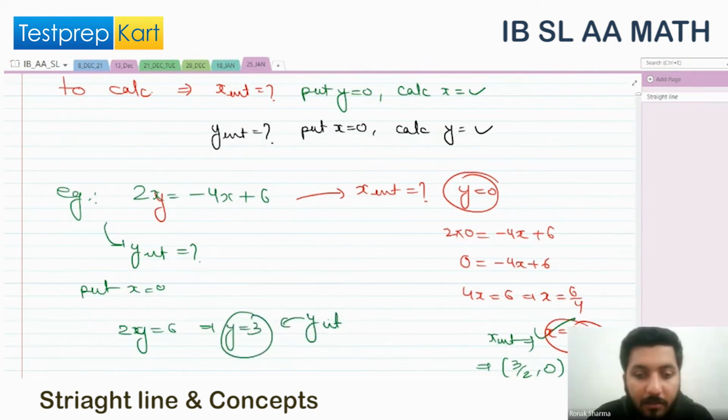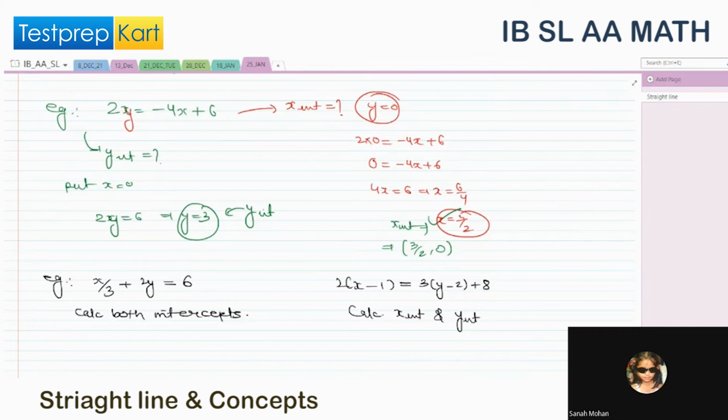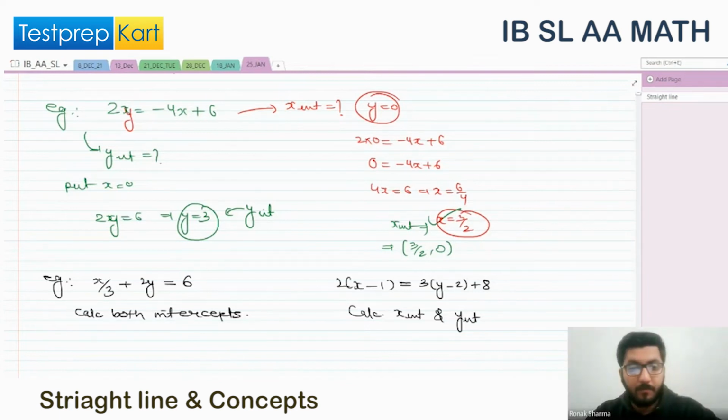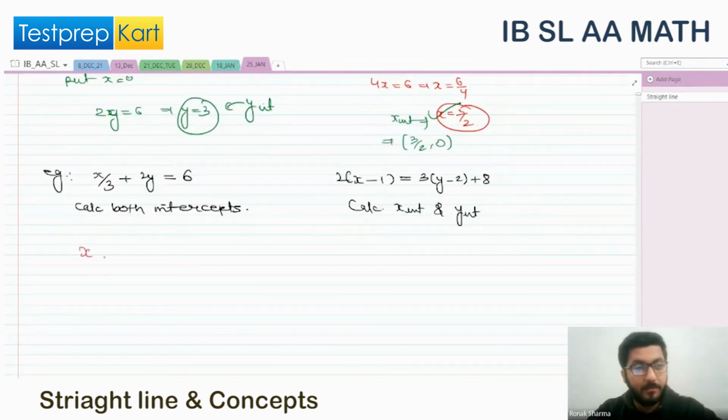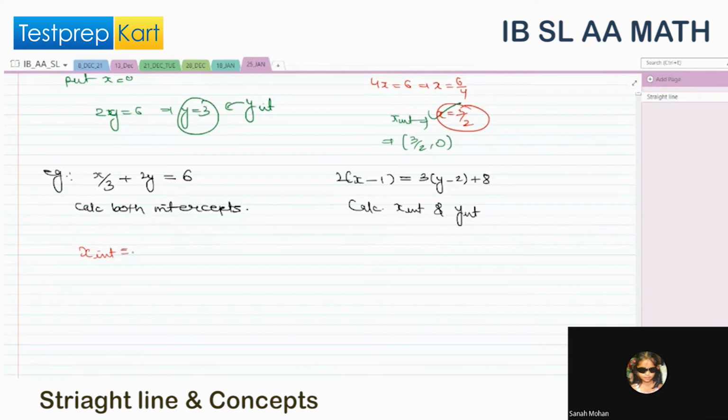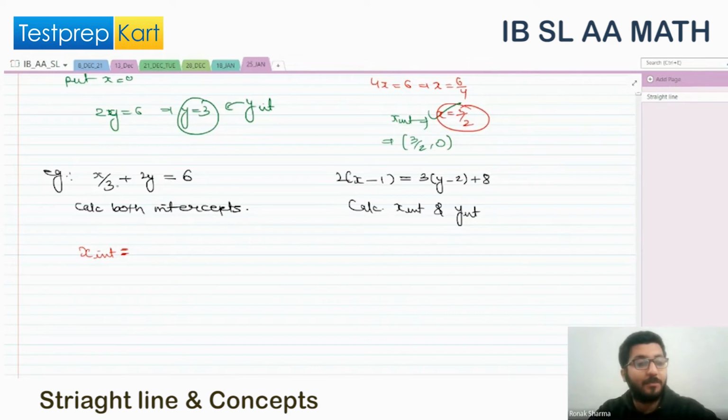Got it? So what is the x-intercept here? For x I got 0 and for y I got 3. No, I'm talking about the x-intercept. You're giving me a point.